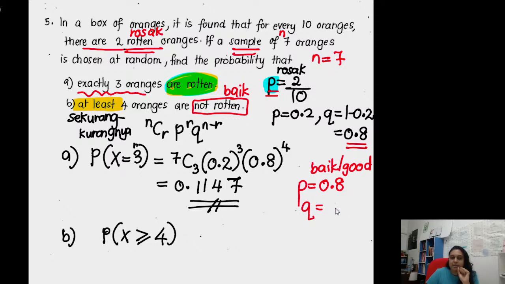The Q will be the bad oranges, which is 0.2. Now you must change. Why teacher change? Because the question is asking for the good one. If the question asks for the bad one, teacher won't change my P. I will maintain. But because it's asking for good, so you change the P.